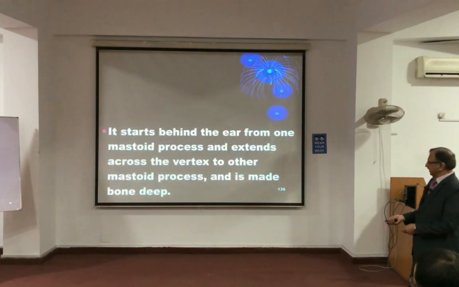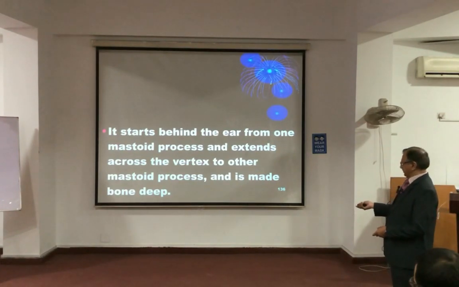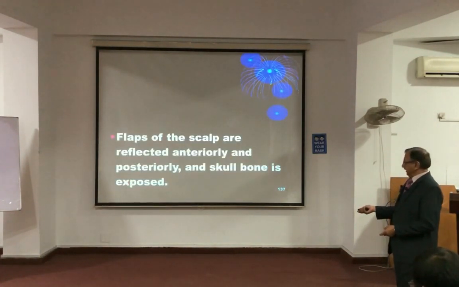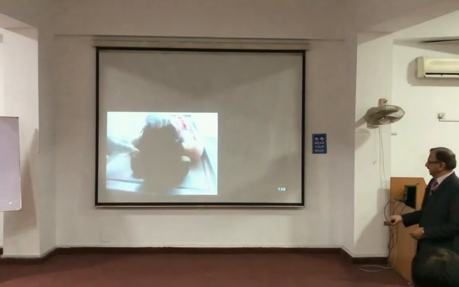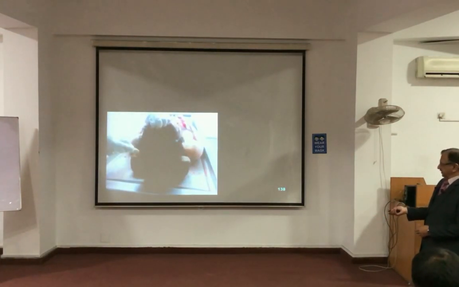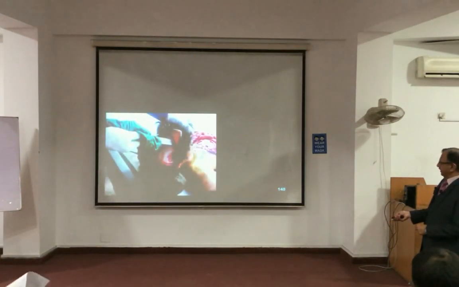Now opening the skull, as I've told you, it starts from one mastoid across the vertex to the other mastoid, and both the flaps are reflected forward and backward, and the calvaria is exposed. This is the incision being made, and both the flaps are moving forward and backward.